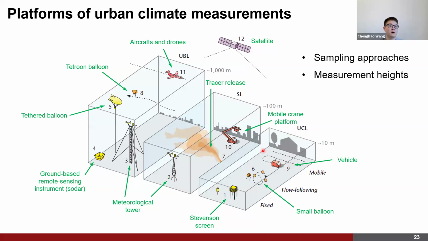We have ground-based mobile measurements, but we also have aircraft or drone-based measurements. We even have satellite measurements. So they also have these different measurement heights, which will reflect urban climate signals at different spatial scales. And of course, satellite has a different revisit time, which will also have different temporal scales.